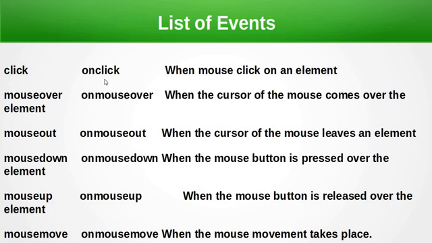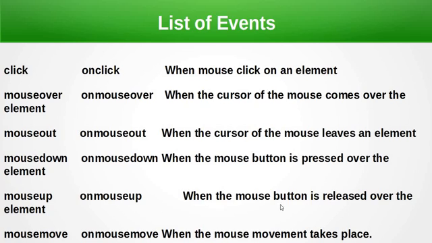That is onclick, when the mouse clicks on an element. onmouseover, when the cursor of the mouse comes over the element. And onmouseout, when the cursor of the mouse leaves the element. Mouse down event, when the mouse button is pressed over the element.